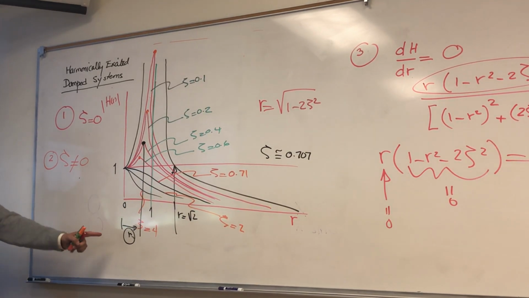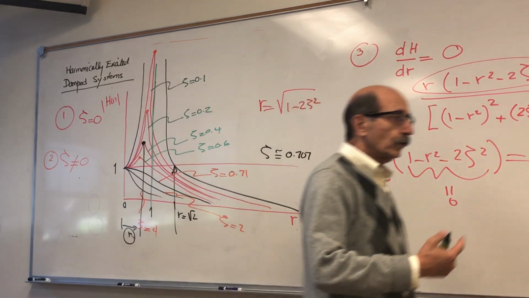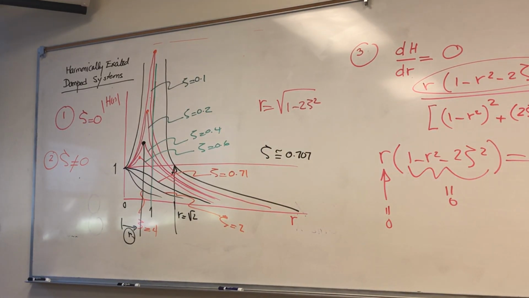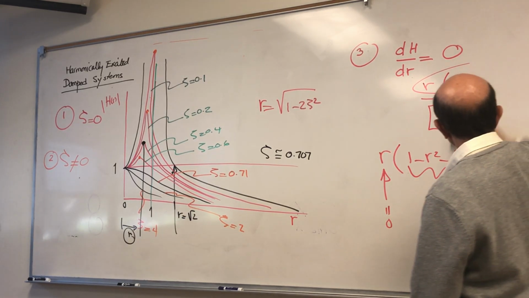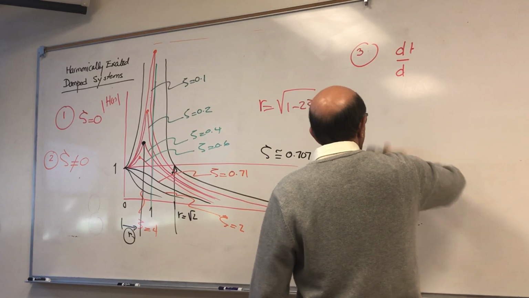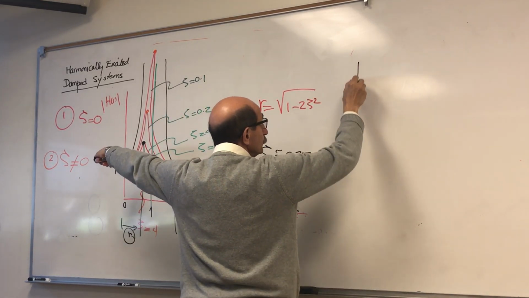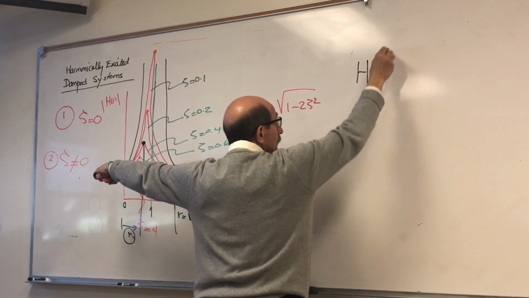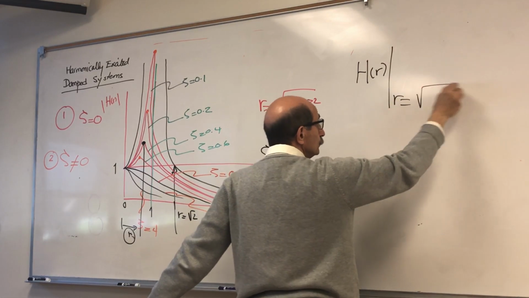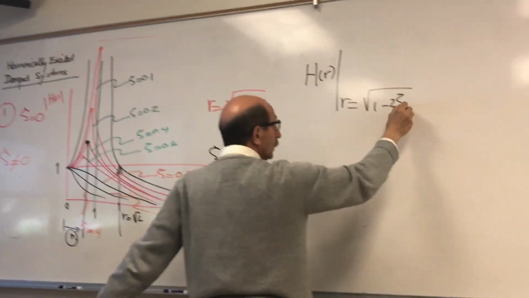In other words, this is the X, we want to find Y. So if this is the R corresponding to the maximum value of that frequency response function, we can actually find the value of this frequency response function at that R, which is equal to 1 minus 2 zeta squared.